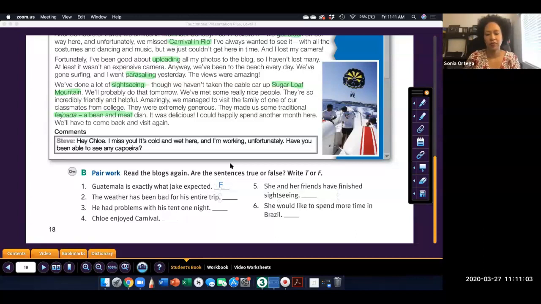Number two, also false. Number three is false. Number four is false. Number five is false. Six is the only one that's true. Okay, so let's go to the next page.